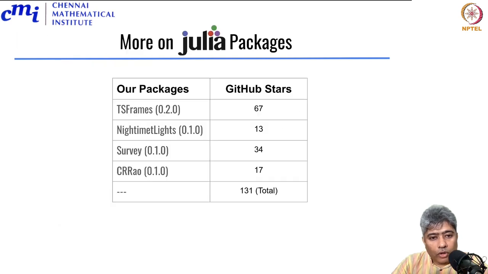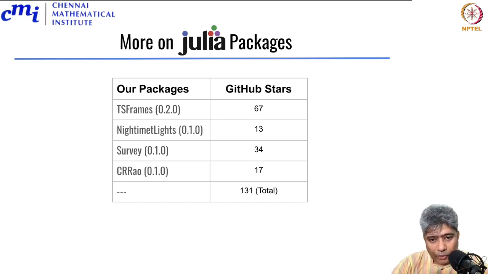More on Julia packages, our group is developing a few more packages: TSFrames, NighttimeLights. NighttimeLights is a package which tries to do data science on satellite images. In the satellite images, there is a particular band which captures the images of the nighttime lights, and the package does data science on the nighttime lights.